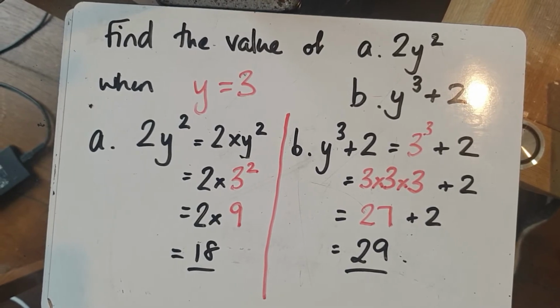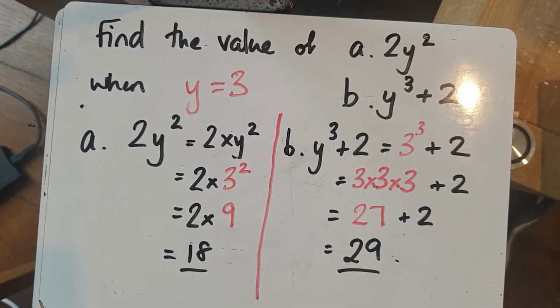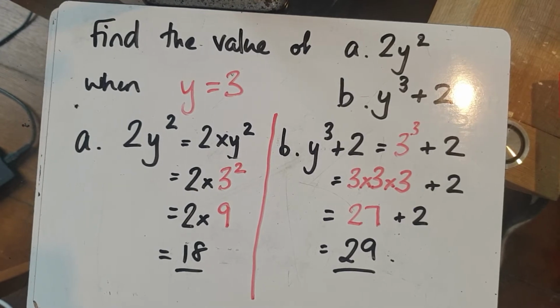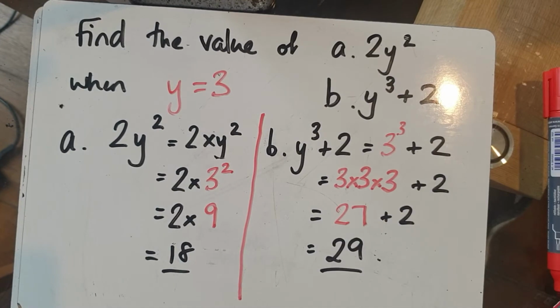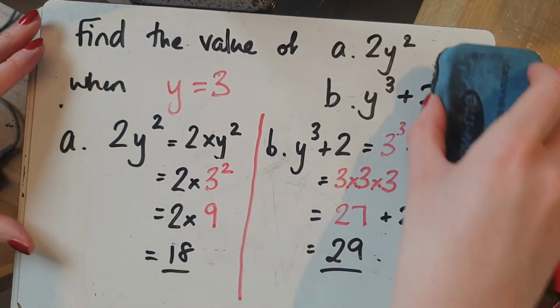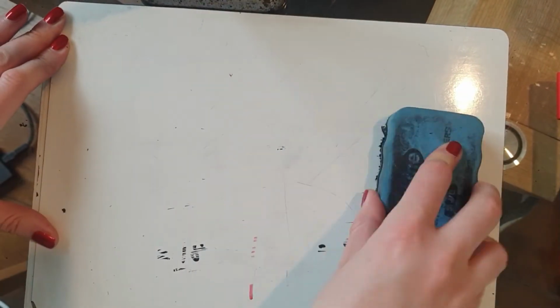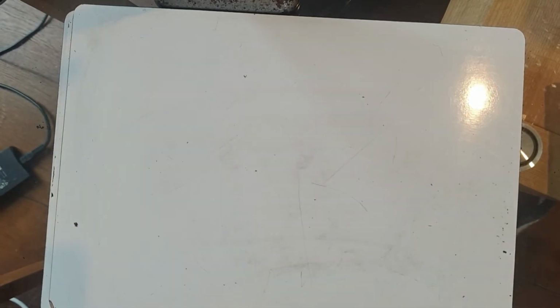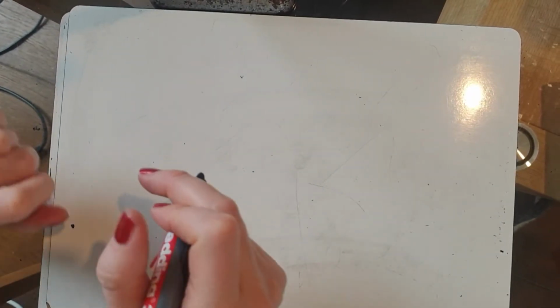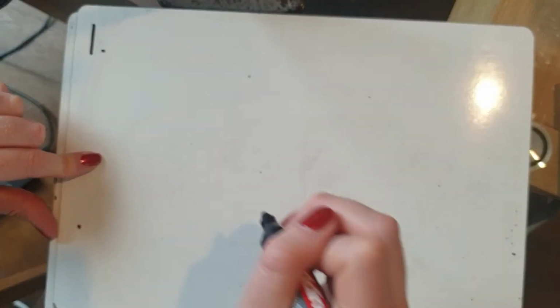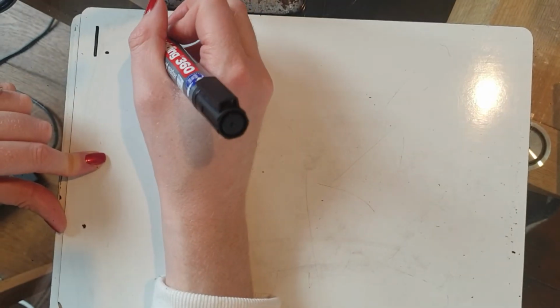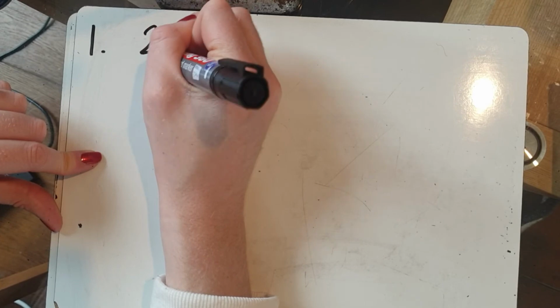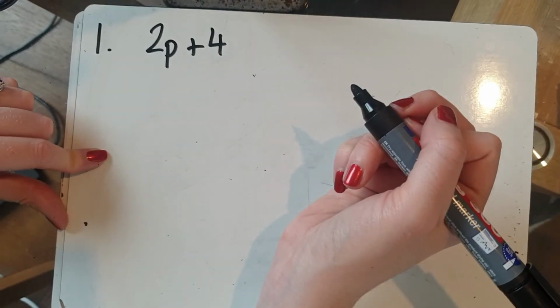So have a go at question 1 and then come back to this video to check your answers, and then again for question 2 and for question 3. So if you haven't started the questions, pause the video and do that now, please. I'm going to do the questions for you so you can check your answers, but you need to have tried them already.